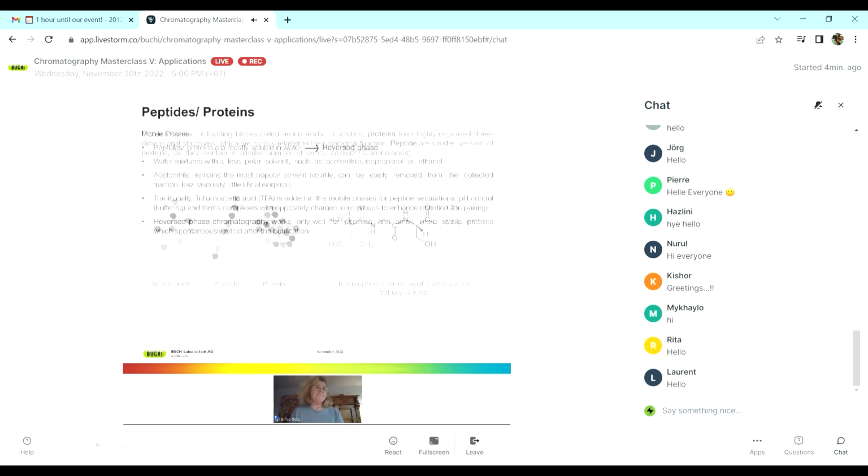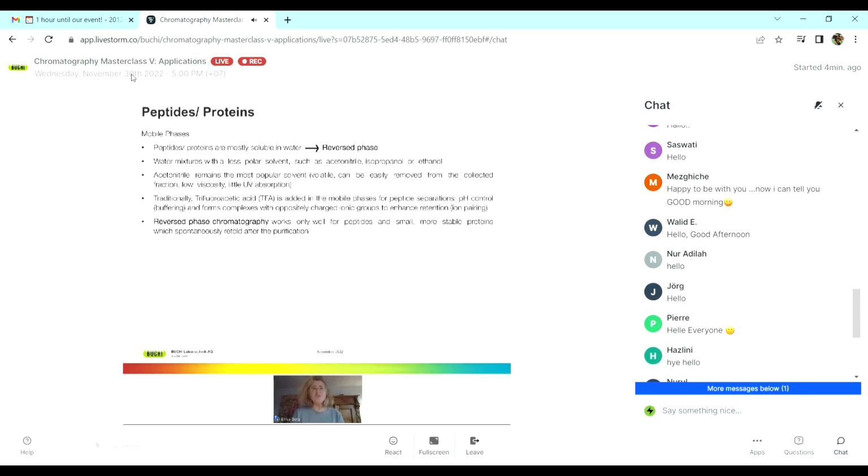So, mobile phases. You're using reversed phase to purify peptides or proteins. This means you are working with a water mixture with a less polar solvent, for example, acetonitrile, isopropanol, or ethanol. But acetonitrile is the most popular one because it's volatile.